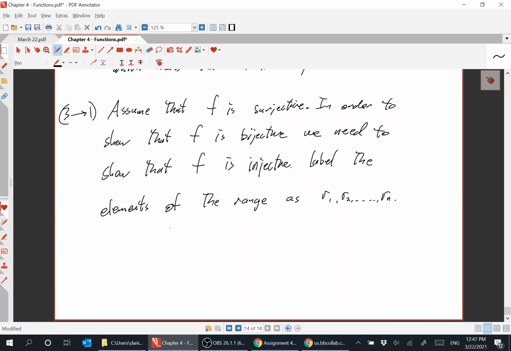Because F is surjective, for each Ri, there is what?